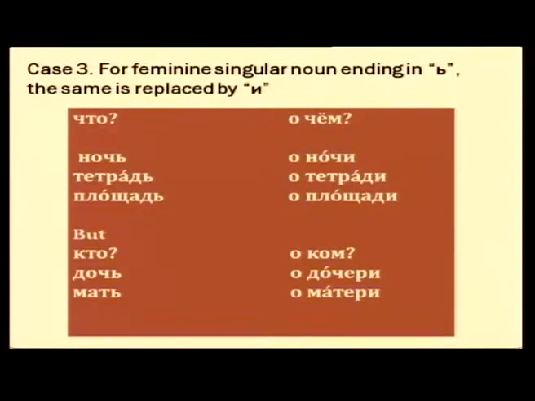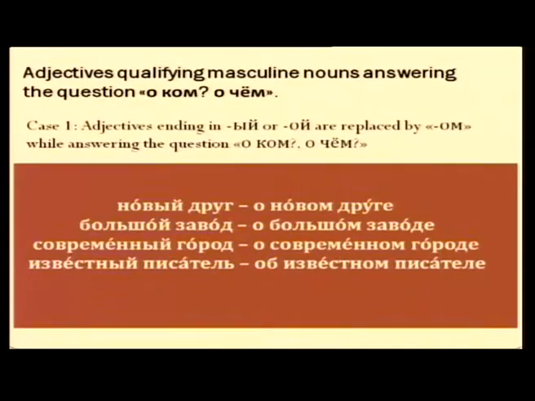Please pay attention to the slide again, so that you can understand this in a more correct manner. Noch changes into nochi, chitraj changes into chitraji, and plosha changes into aploshaji, but doch changes into adocheri, and mach has been changed into a macheri.